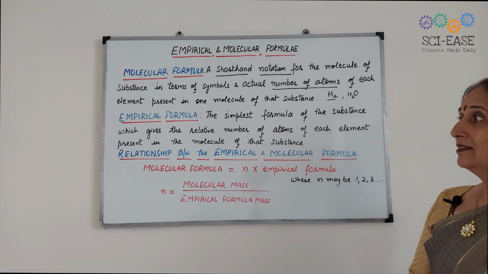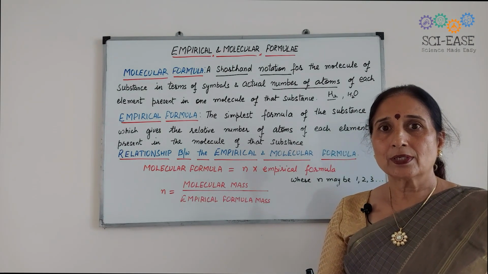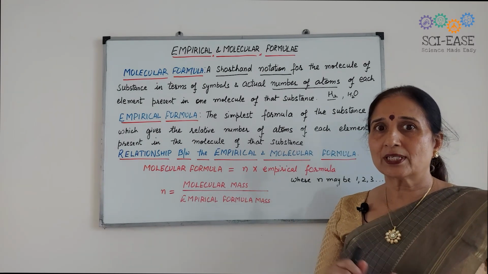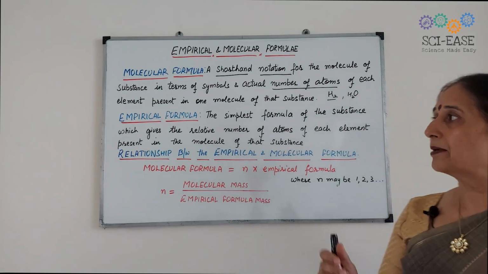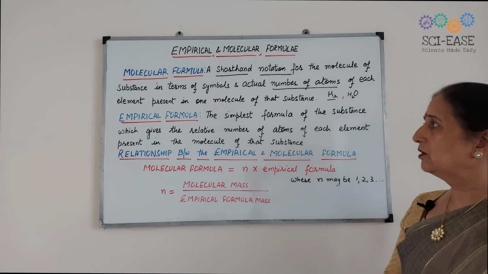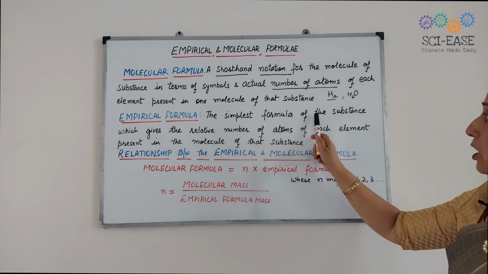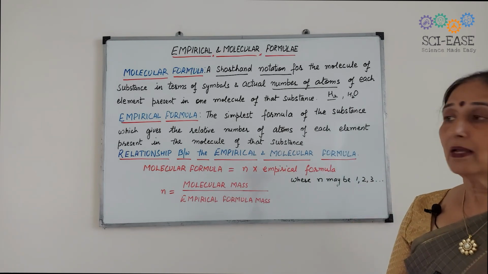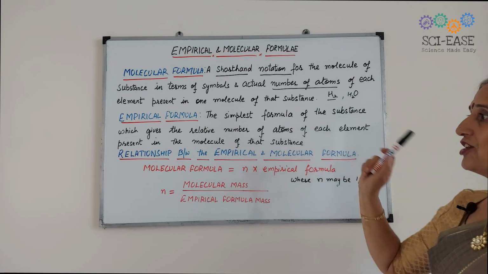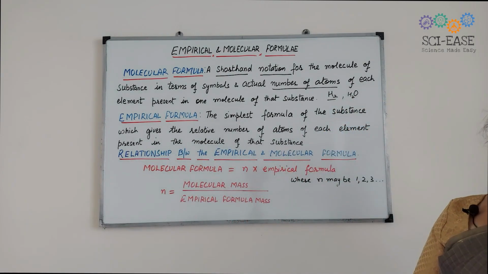Now, I have told you that the ionic compounds or the network covalent compounds like diamond are described by the empirical formula. So what is empirical formula? I will take the example also. It is the simplest formula of the substance, which gives the relative number of atoms of each element present in the molecule of that substance.